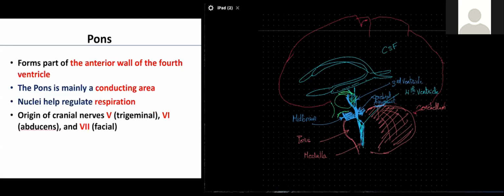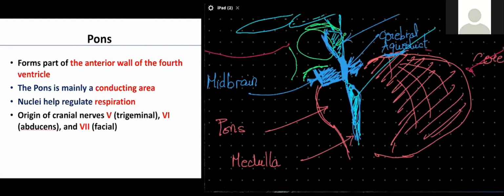Moving down, the pons is going to be forming part of the anterior wall of the fourth ventricle, as you see on here. This is my fourth ventricle. The anterior wall of the fourth ventricle is partly formed by the pons. The pons is going to be mainly a conducting area between the medulla and the spinal cord below it, and the midbrain, diencephalon and the cerebrum above it.